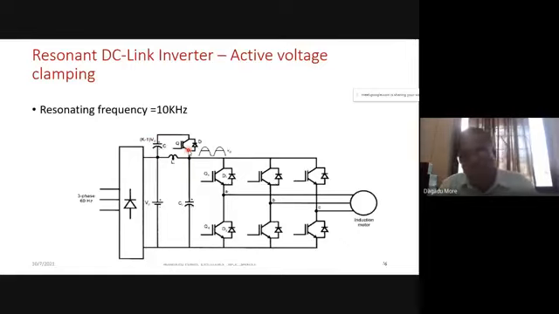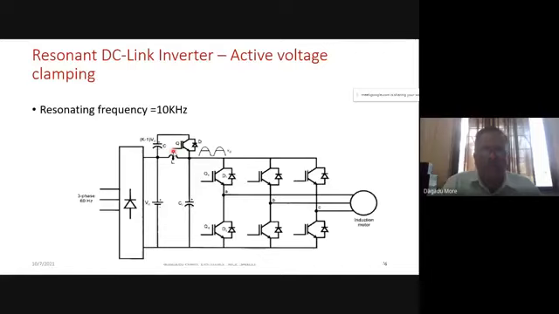Which components are we using? We use one capacitor, and the voltage across that capacitor will be just 50% of the DC supply. Here the DC supply is 600, so the voltage across the capacitor is 50% of that, which is 300.